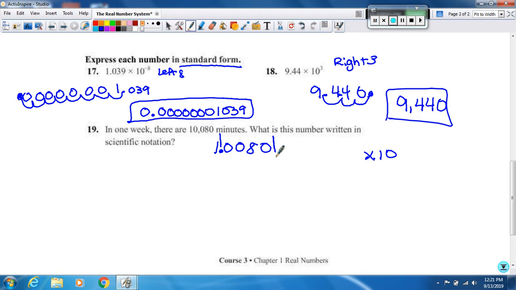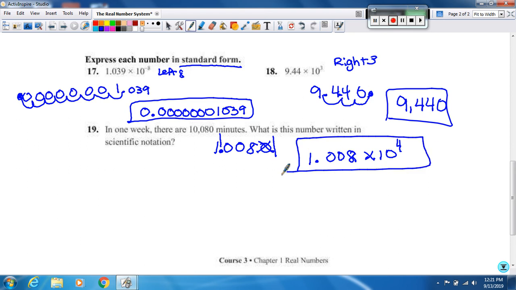And then you draw a line at the end. Now you count how many numbers are in between the two lines. 1, 2, 3, 4. That becomes your exponent. You take off any zeros at the end, don't count, and then you write whatever's left with your decimal. So 1.008 times 10 to the 4th, and you're finished.